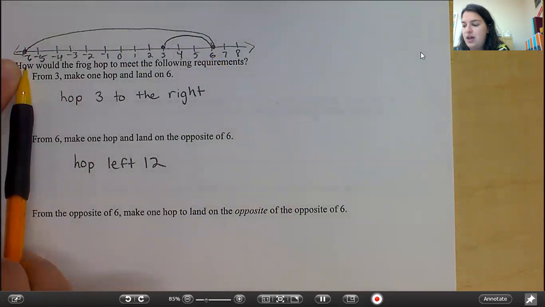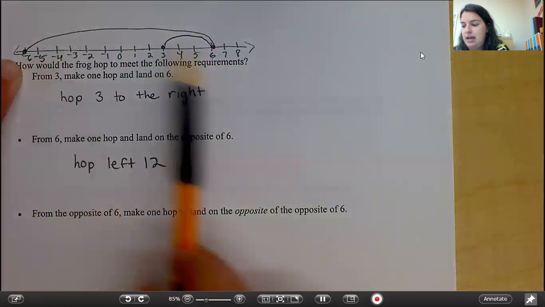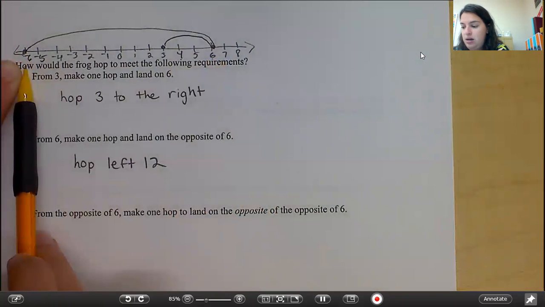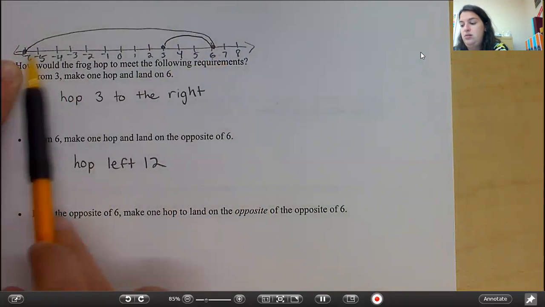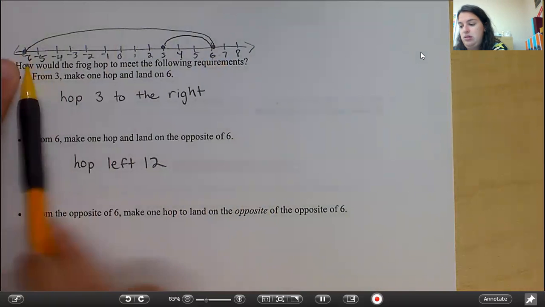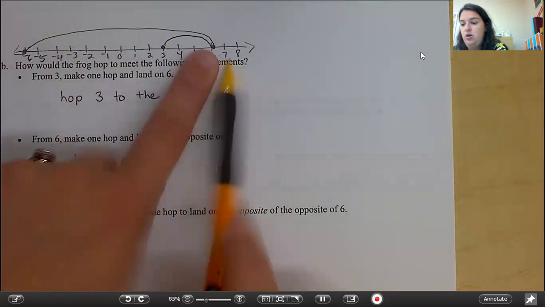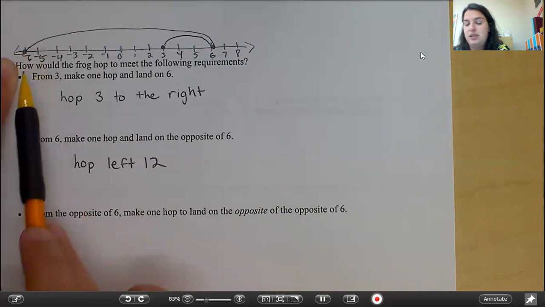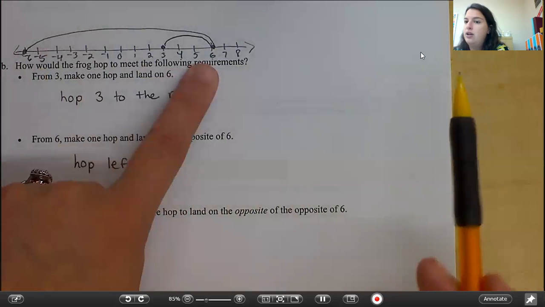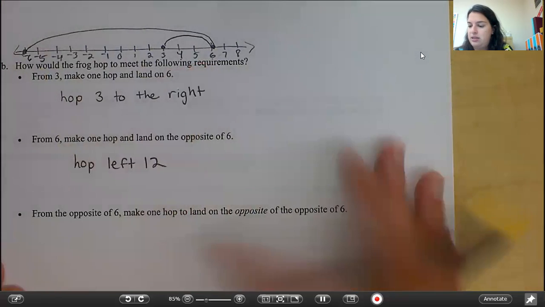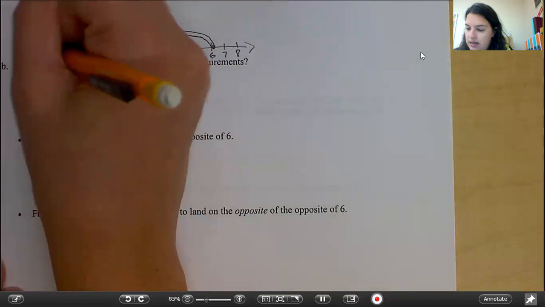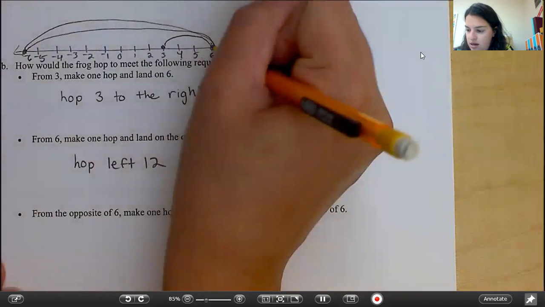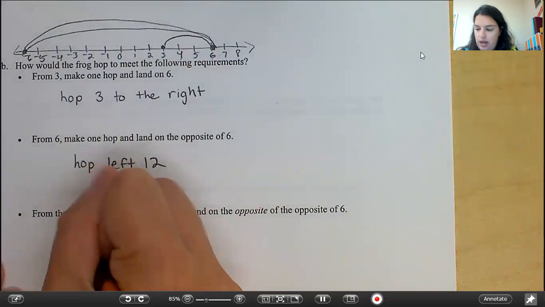The opposite of negative 6 would be 6, because the opposite brings you back here. So we have 6, we have the opposite of 6, then the opposite of the opposite, which would be the opposite of negative 6, is 6. I know that's tricky, okay, but it takes us back to 6. So back to 6, he would need to hop right 12.